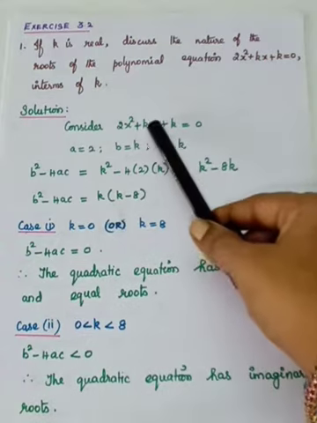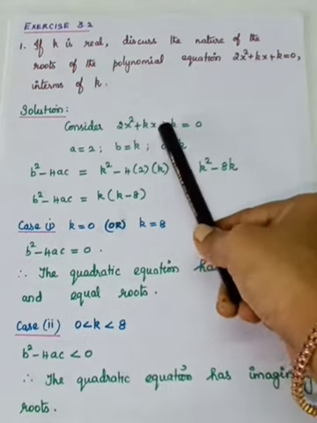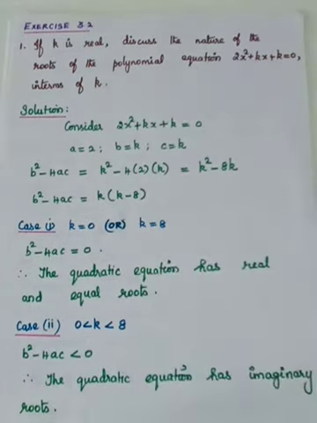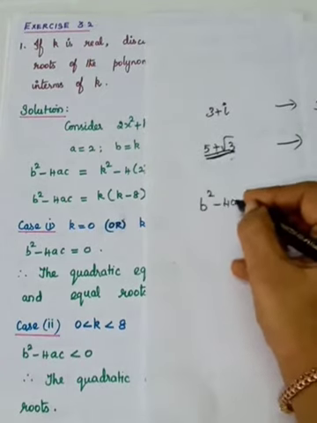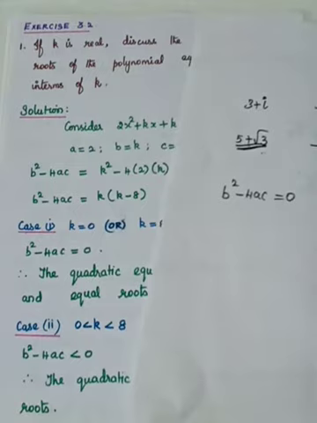So for the quadratic equation, we know that using the discriminant, that is b squared minus 4ac, we are going to find the nature of the roots. You know very well. B squared minus 4ac equal to 0 means how are the roots?